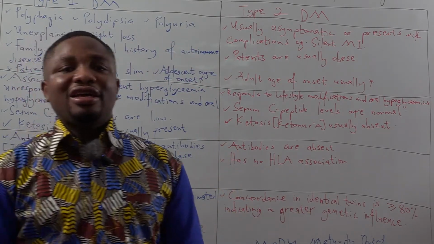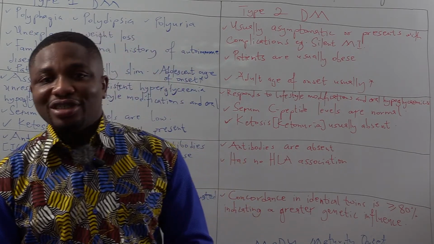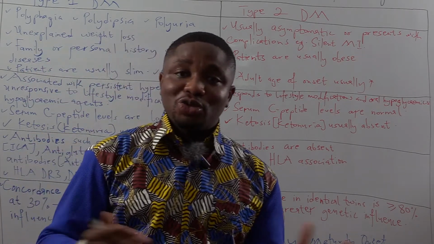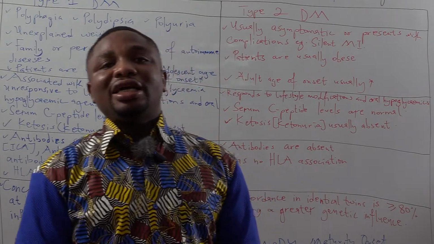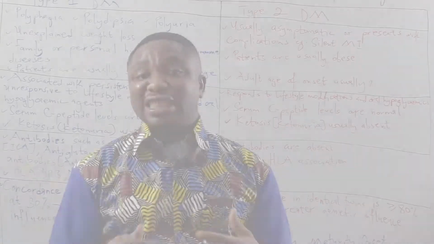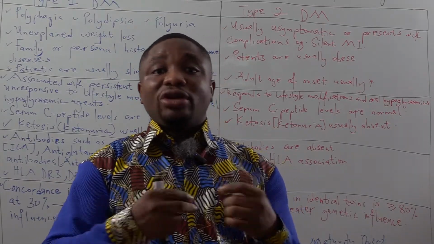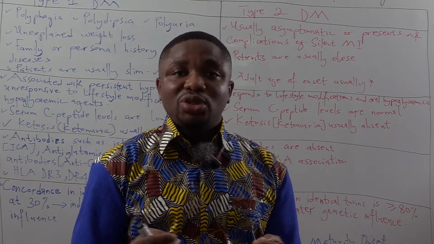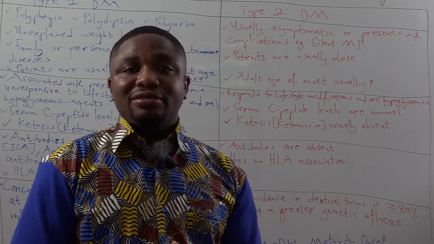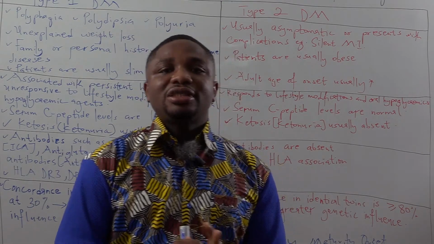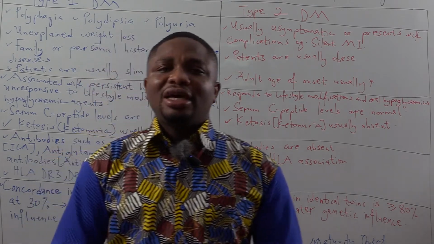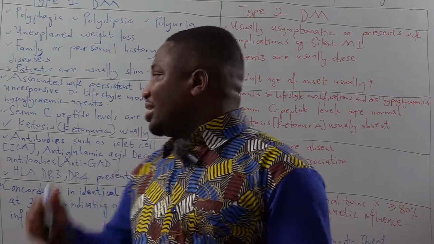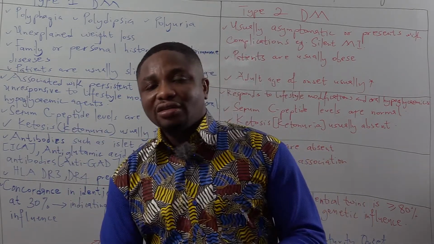Then finally, they are usually not associated with ketosis, which will manifest as ketoacidosis and ketonuria. It doesn't mean that it cannot be there. Yes, it can be there to an insignificant level, but usually ketosis is absent.